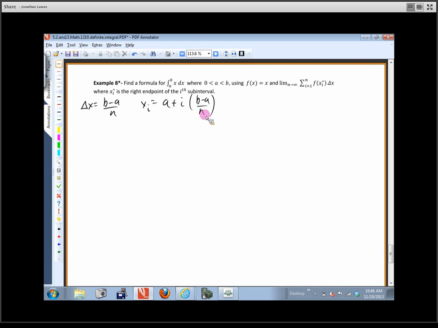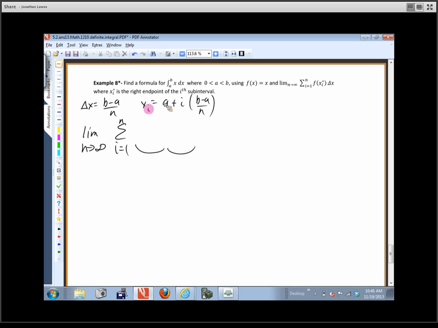You with me? So let's write this down. The whole idea here was that we added up a bunch of rectangles. Start at i equals 1 and go to n. And then I need a height and I need a width. Well, the function is just x. It's whatever you're going to plug in.